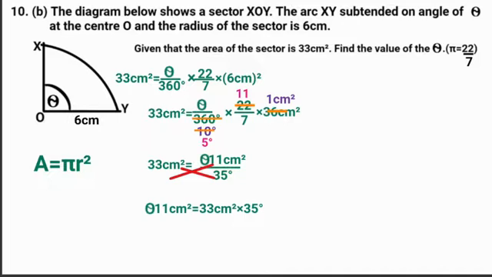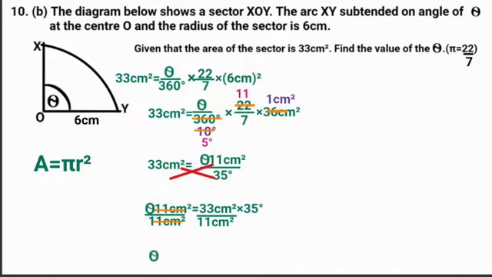Then I'm going to divide both sides by 11 centimeter squared. So theta 11 centimeter squared divided by 11 centimeter squared will give me theta. The 11 centimeter squared will be cancelled out and leave me with theta.